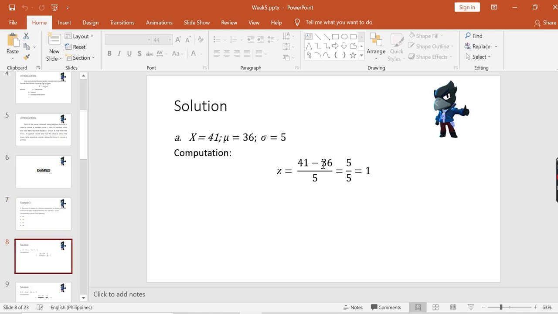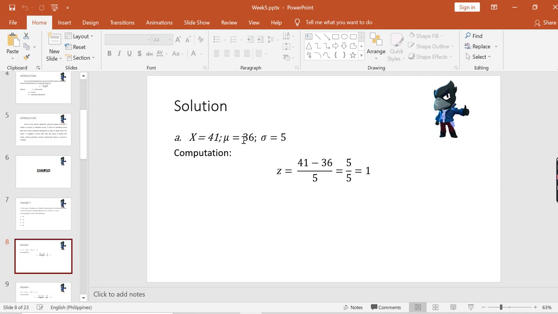Here's the solution. Since the computation is kind of simple, I did it in a straightforward manner. When x is 41, recall that mu is 36, while the standard deviation is 5. You simply use the formula z equals x minus mu over standard deviation: 41 minus 36 over 5, that is 5 over 5, or 1.